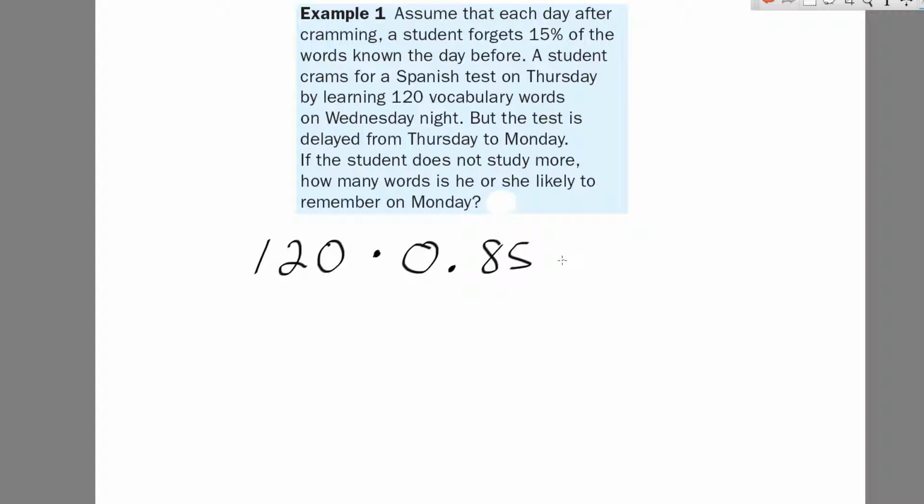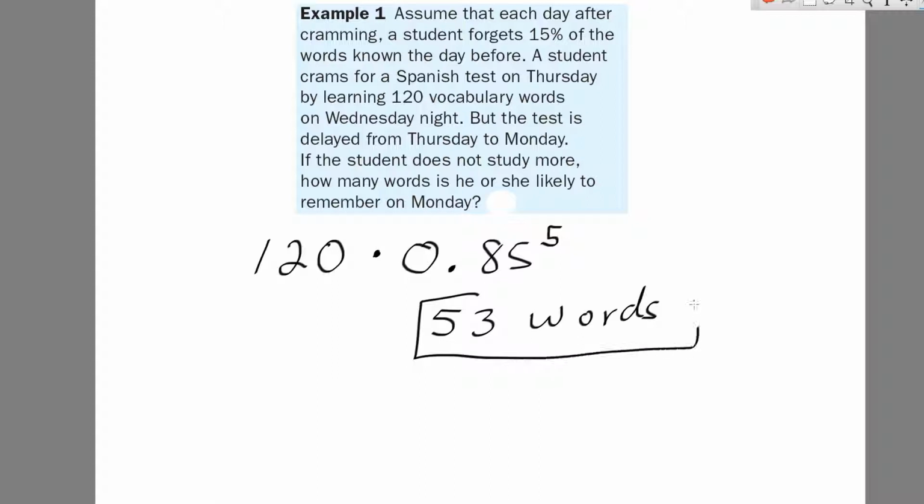And then the number of days: they studied on Wednesday, then we had Thursday, Friday, Saturday, Sunday, Monday. That's 5 days, so 120 times 0.85 raised to the 5th. That gives us approximately 53 words if the student doesn't study to replenish or restore their memory banks.